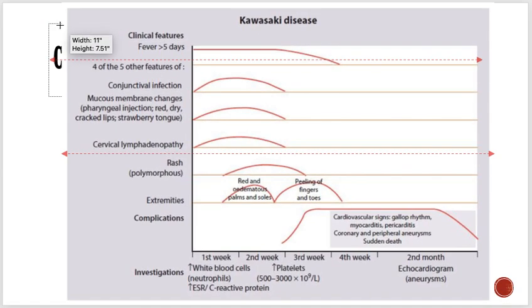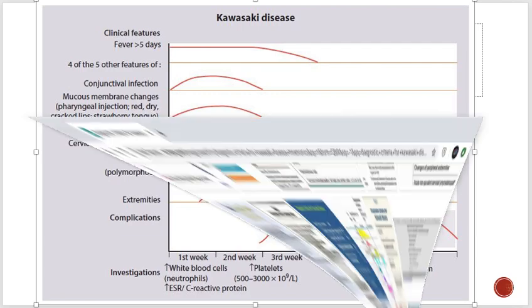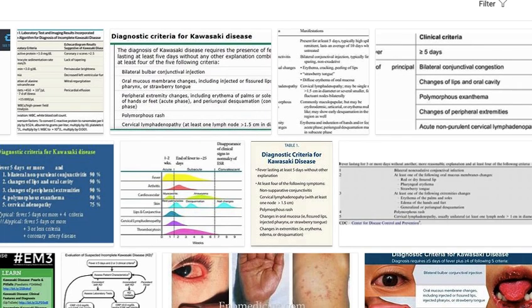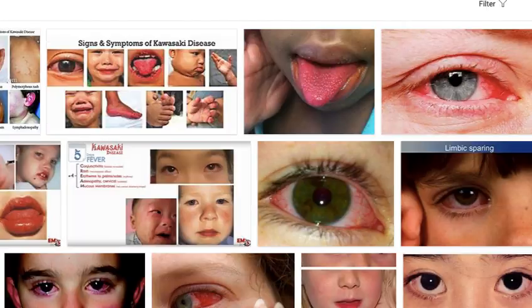But before going into detailed explanation, I would rather talk about the clinical features. Number one thing is fever. Fever for more than 5 days, right? After that, CREAM: C for conjunctivitis.